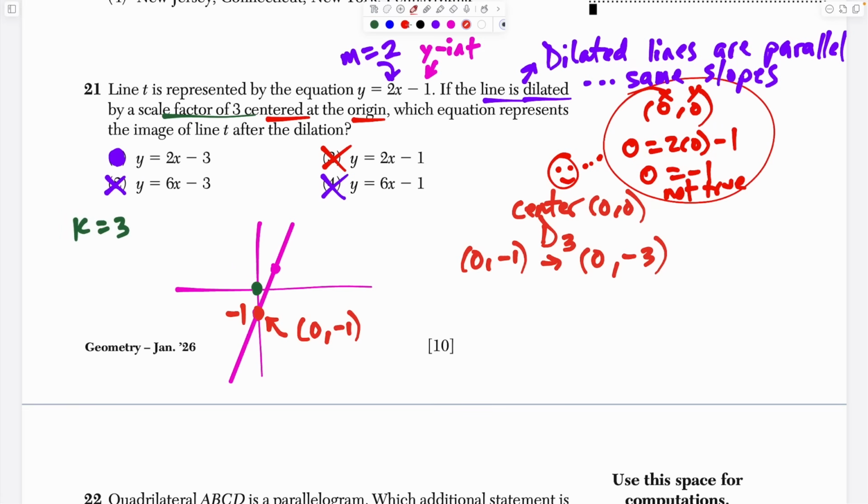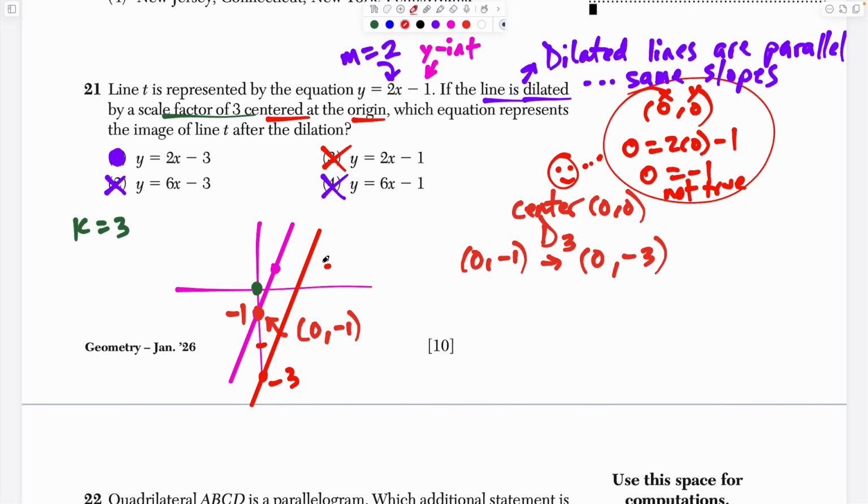This tells us our new y-intercept for our dilated line is going to be at negative 3. And the new line is going to be, once again, parallel to the old one. So the slope is not going to change, but the position of the line is going to change. It's going to move out more, and its y-intercept is going to change to negative 3.